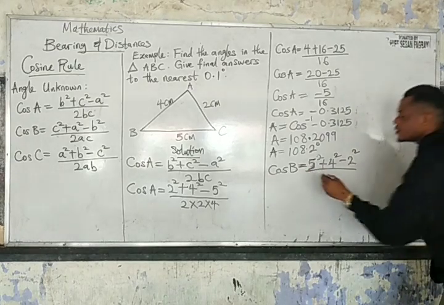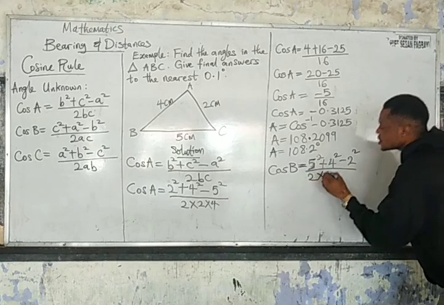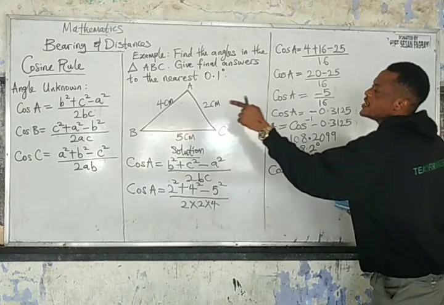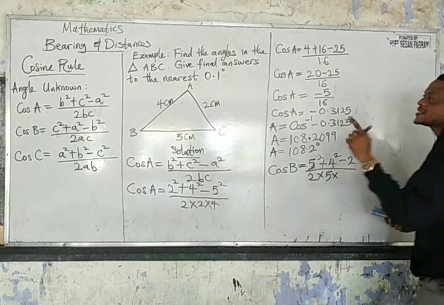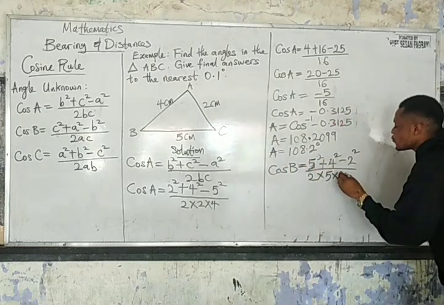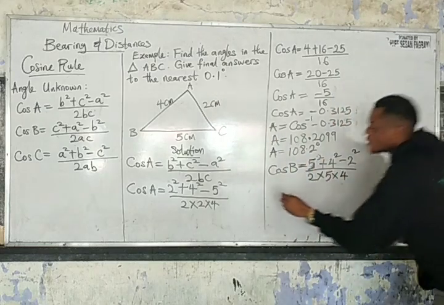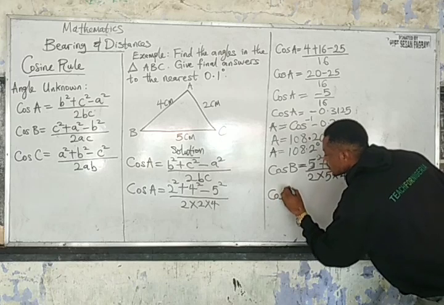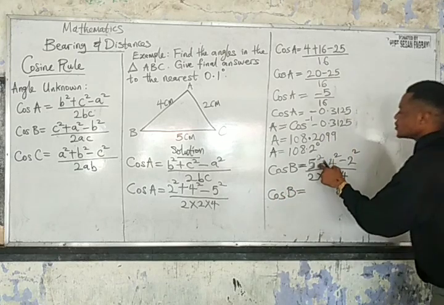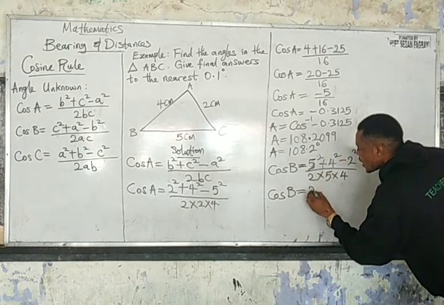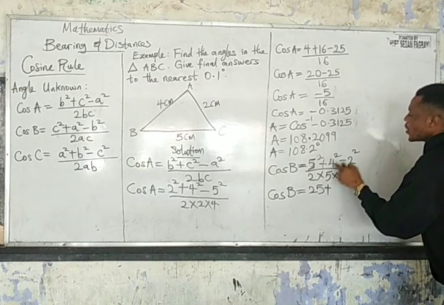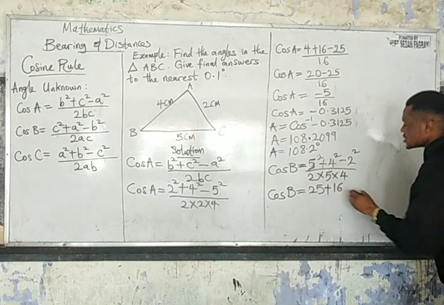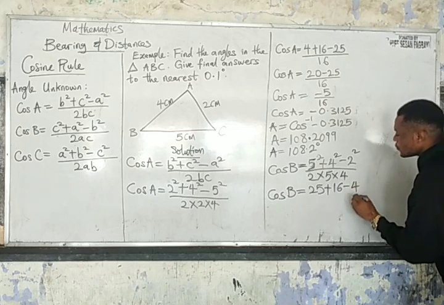Everything divided by 2 multiplied by a. The a is 5. Then multiplied by c. The c is 4. Now we move on. Cos b is going to be 5 raised to the power 2. We have 25. Then plus 4 raised to the power 2 will give us 16 minus 4.